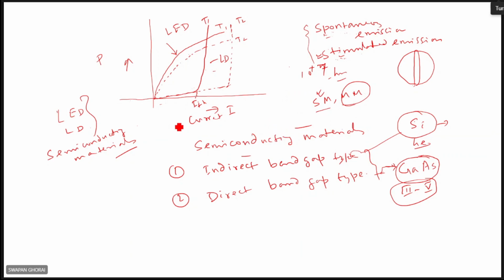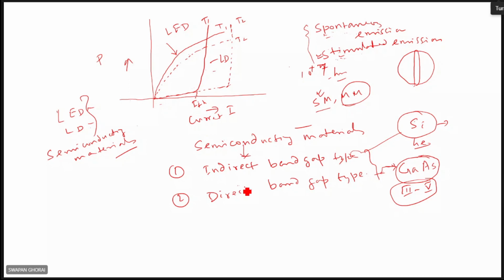So with this basic concept, now let us consider the other aspects. Just now I mentioned they are based on semiconductor materials. Now, what type of semiconductor materials can be used for fabrication of LED or laser diode? Generally, semiconductor materials can be either indirect bandgap or direct bandgap materials.